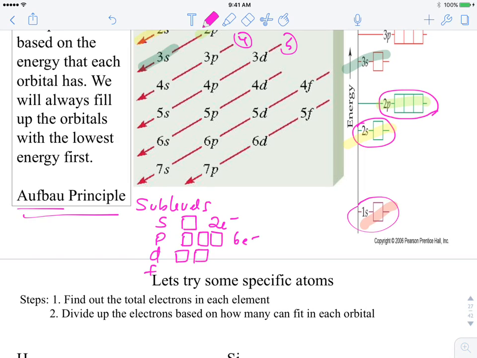D has 5 orbitals and can hold 10 electrons. F has 7 orbitals and can hold 14 electrons. There are G, H, and I sublevels, but we don't have enough electrons in the atoms we've discovered to fill those up, so we generally don't talk about them.